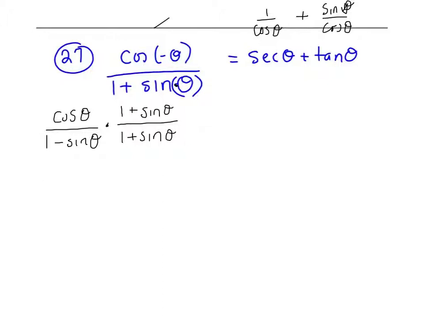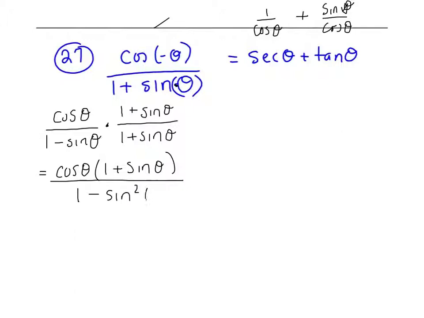Right, just a form of 1. This is just a form of 1 right here. And then when I multiply this together, I'm going to get 1 minus sine squared in the denominator, which is really what I needed. So I have cosine theta, 1 plus sine theta. I'm not going to multiply it through because I just have to factor it out.